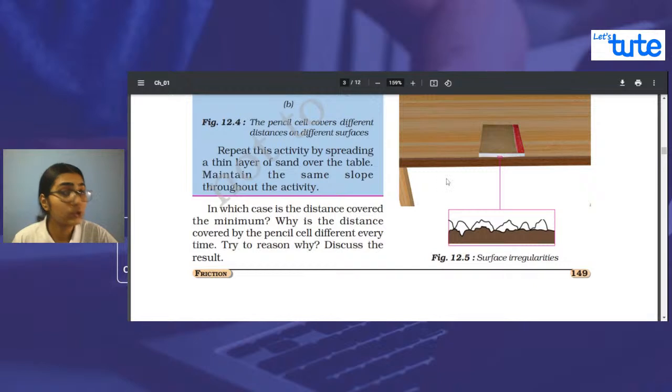Now, due to these irregularities, this is a very important concept. Let me just explain it to you here. There's a table and there's a book. Both the table and the book have irregularities. So now, when I'm trying to move the book above a table, these irregularities and the book's irregularities meet and they fix to the grooves and ridges.